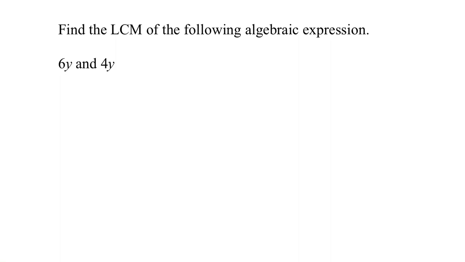Hello everyone, welcome to this video where we are required to find the lowest common multiple of the following expression. So for 6y and 4y, we will use what we have learned previously for prime factorization.